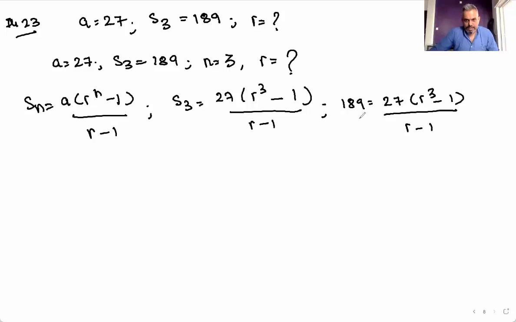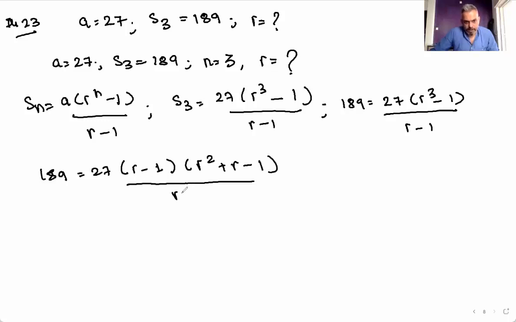Now 27 will come here, we will divide. 189 upon 27. Now we expand. r cube minus 1 is r minus 1 into r square plus r plus 1, upon r minus 1.